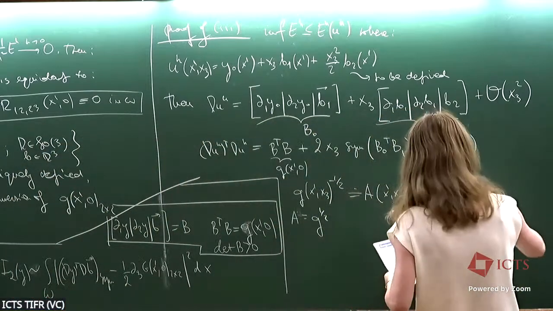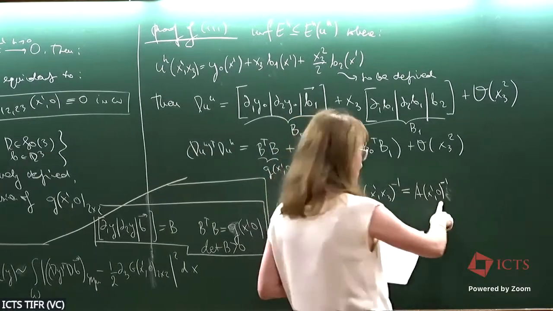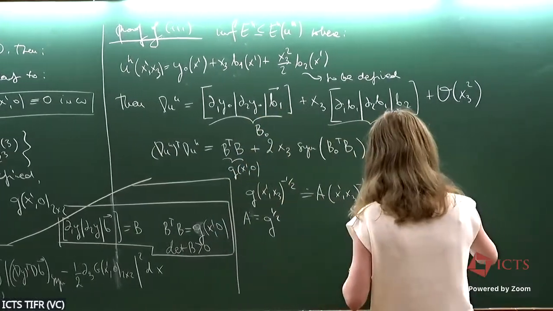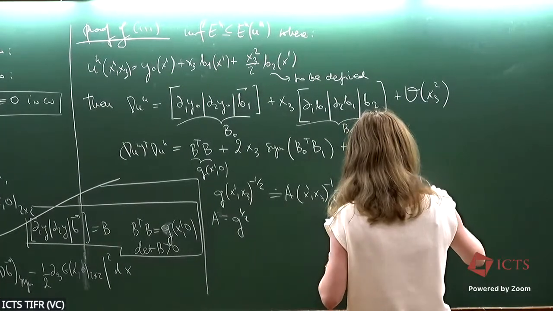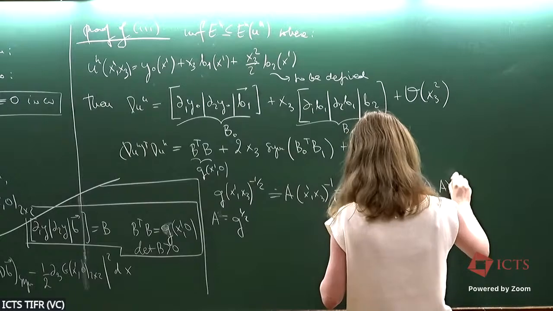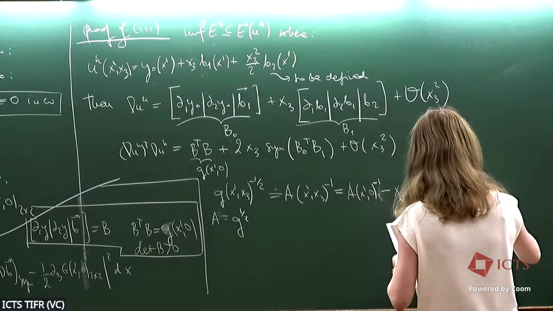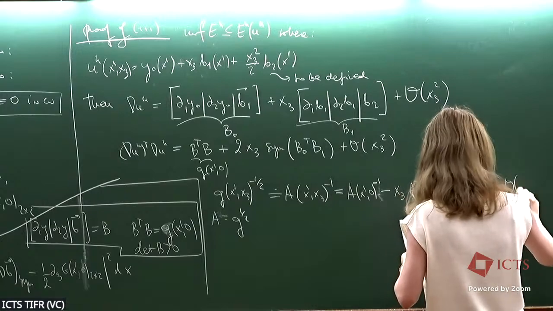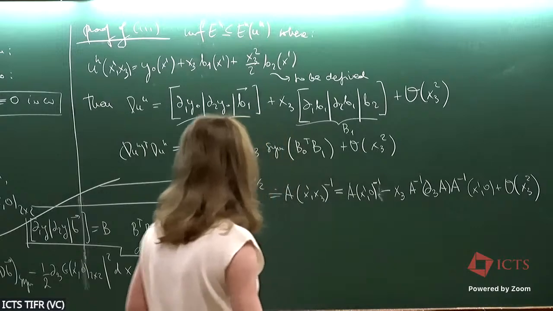It turns out to be minus x3 A inverse D3A A inverse, everything at x', 0, plus O of x3 squared. It's just a formula. Very good.